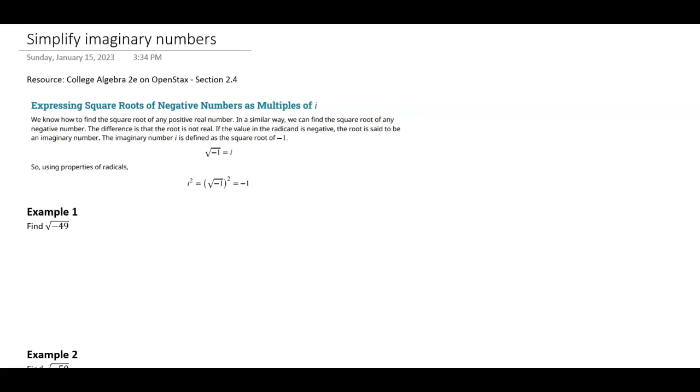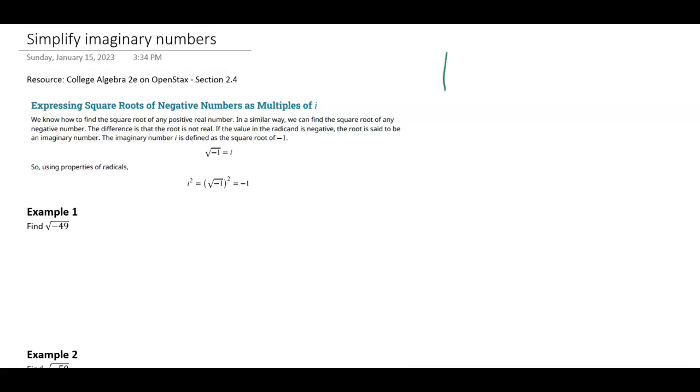This video is going to introduce you to imaginary numbers or the complex numbers. Before we begin in the notes, I do want to take note of what complex numbers are.